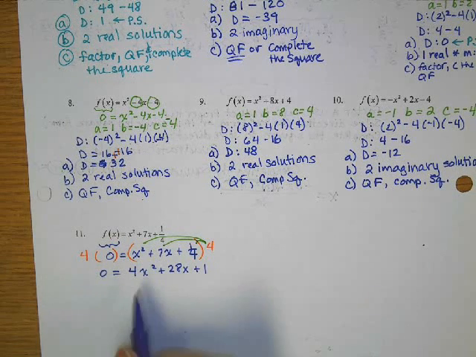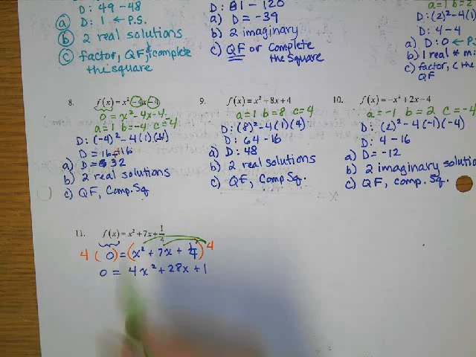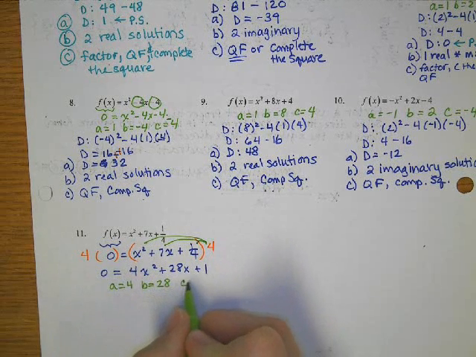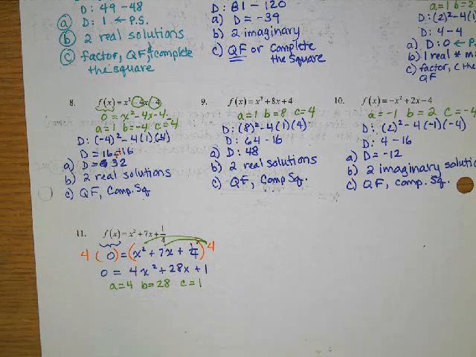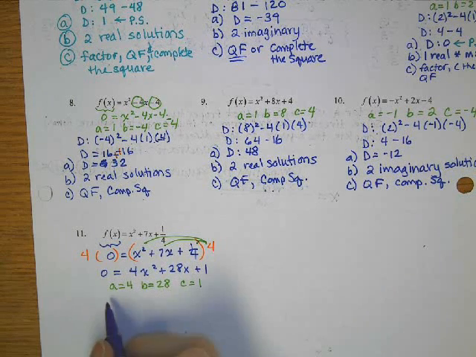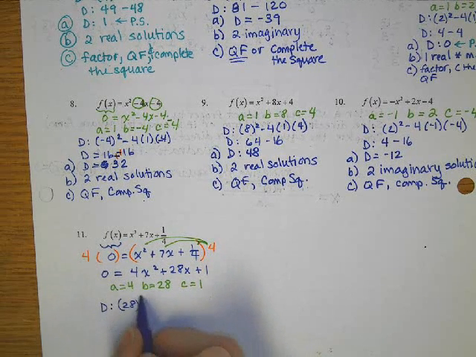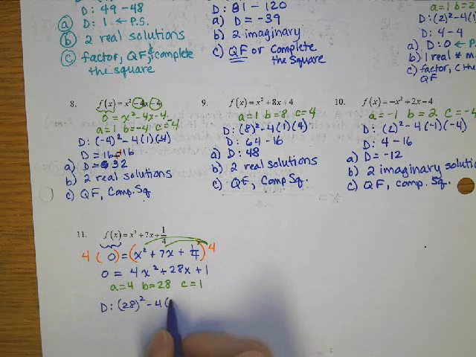And then from there, we can now identify our A, B, and C. So A is 4, B is 28, and C is 1. All right, so now our discriminant is going to be 28 squared minus 4 times 1.